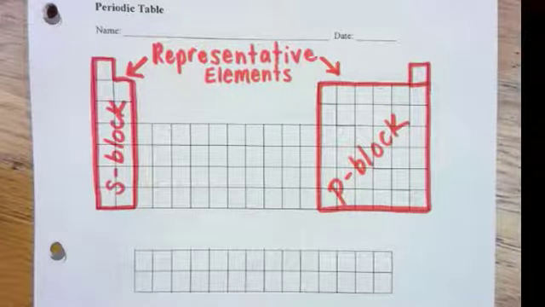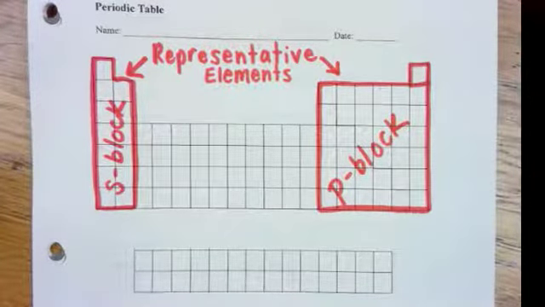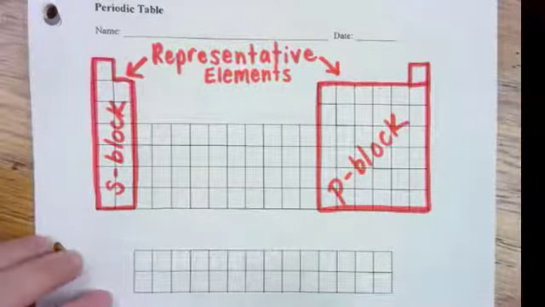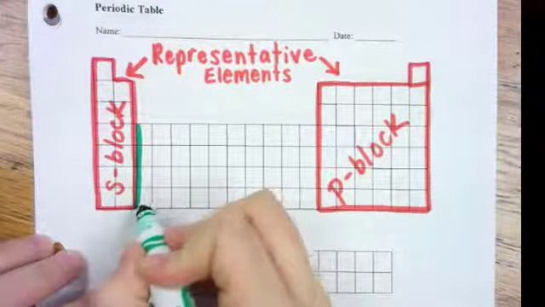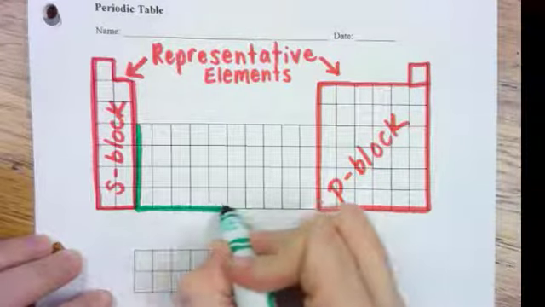Now you'll need another color. The next section of the periodic table that we talked about was the D block elements. Remember that the D block is right in the middle.